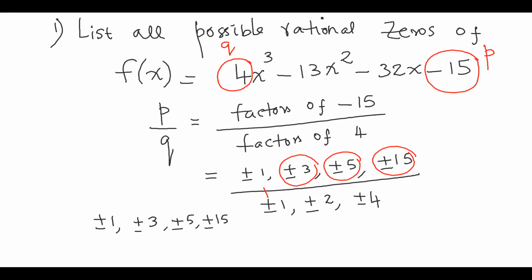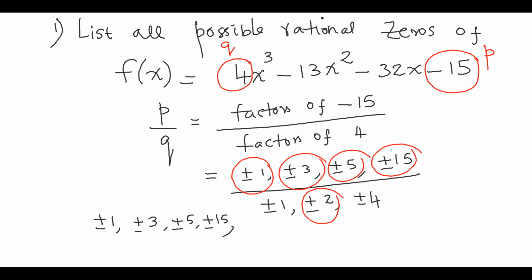That's what I did now. Next, I'm going to take the next possibilities: we take 1, 3, 5, and 15 and divide by 2.